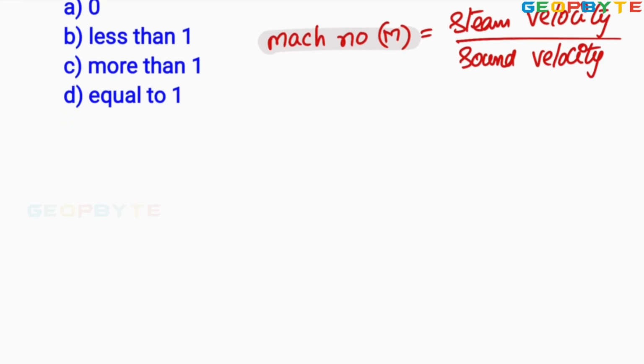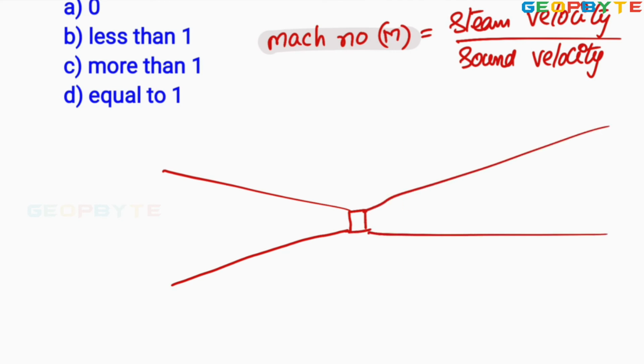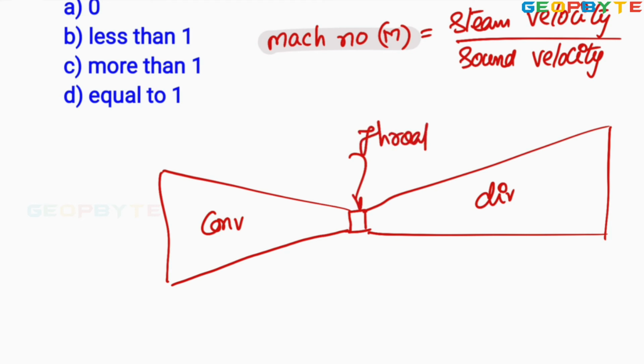The convergent divergent nozzle is like this. Already we have discussed. It consists of three sections: converging section, diverging section. This is the converging section, this is the diverging section, and this is the throat. Generally, nozzles are perfectly insulated.